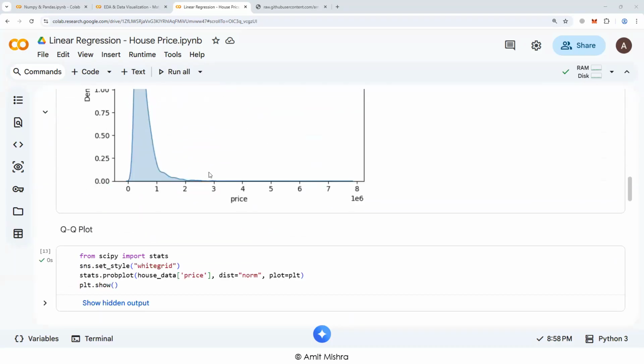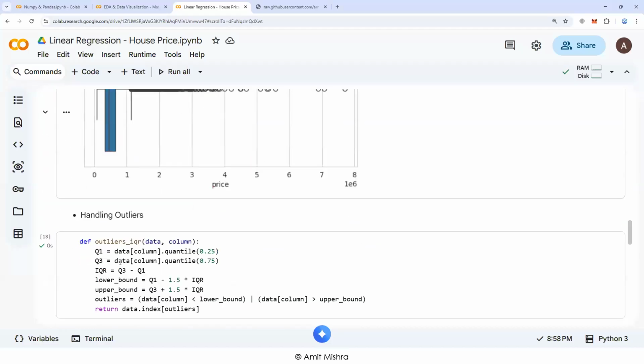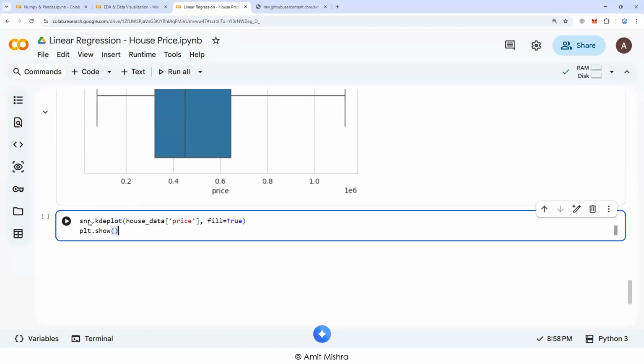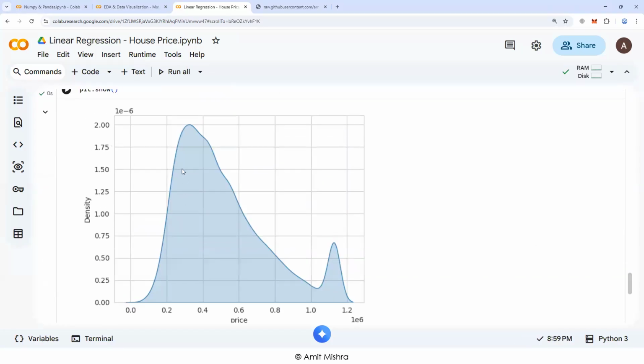Okay, let's see what happens to our normal distribution. Let's see what the price looks like. After handling the outliers, the peak is now a little broader. There is nothing like an ideal scenario, because if there were, we would get very high accuracy as well. You can see clearly that your model is fitted.